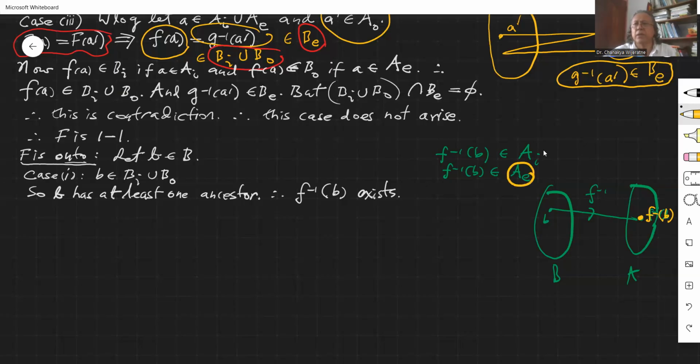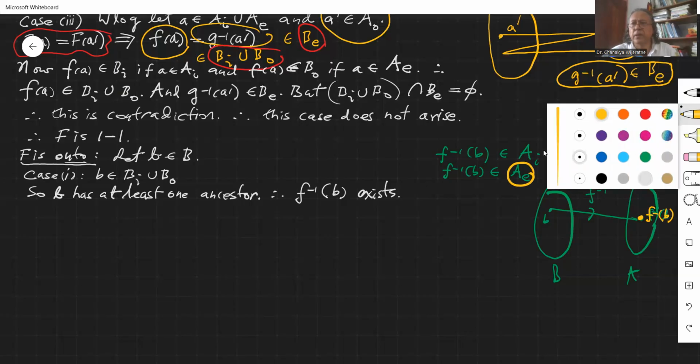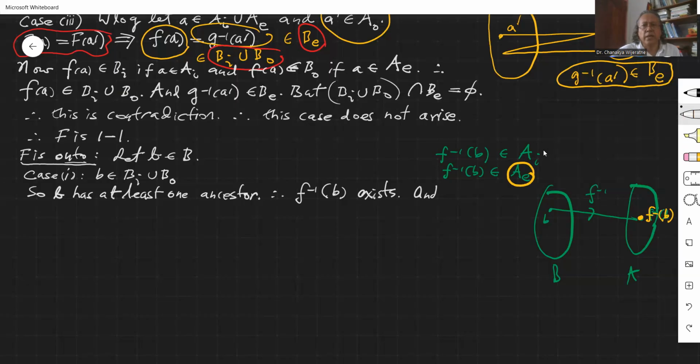So F inverse of b exists and F inverse of b belongs to AI union AE.